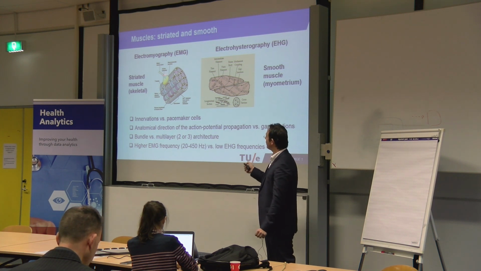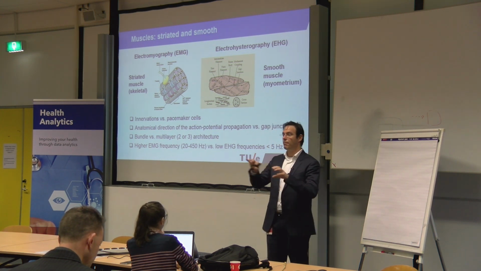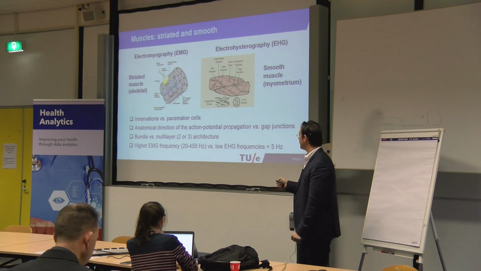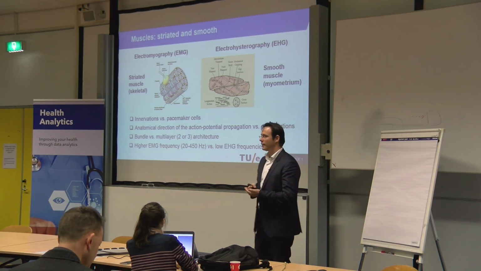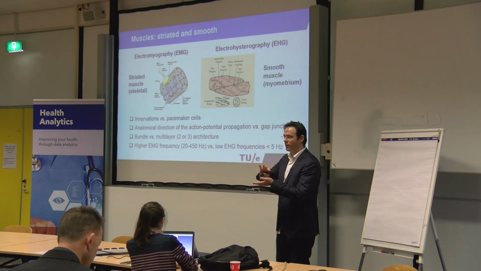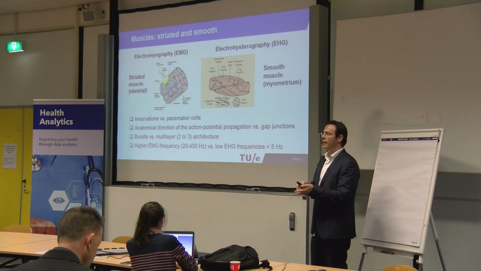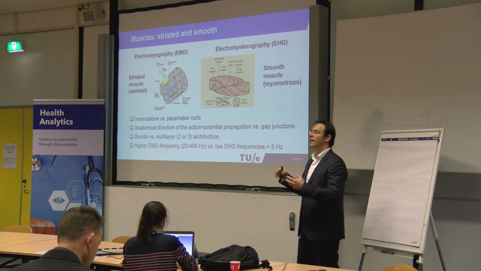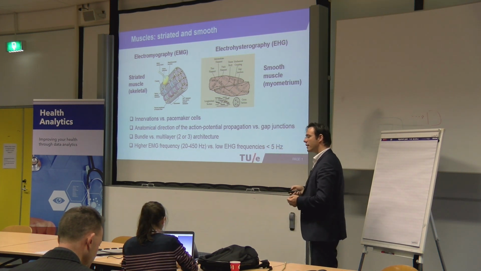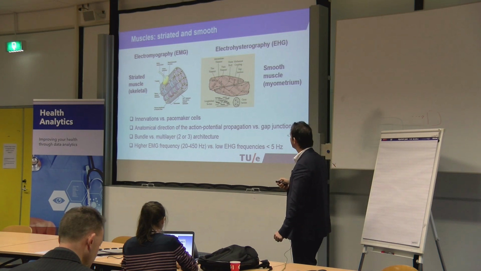Skeletal muscles are made of bundles of fibers. Instead, smooth muscles, especially the myometrium, the muscle of the uterus, form a complex multi-layer structure where signals propagate through these gap junctions in three dimensions, and it's not easy to predict in which direction they are propagating.